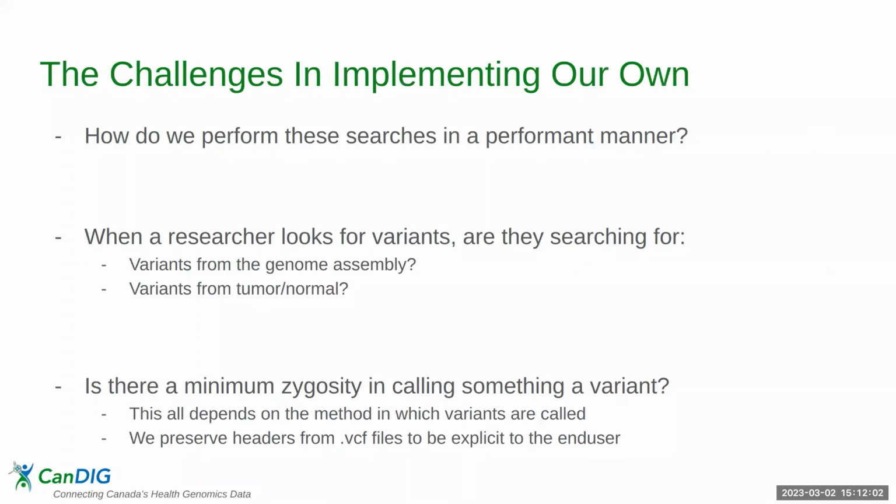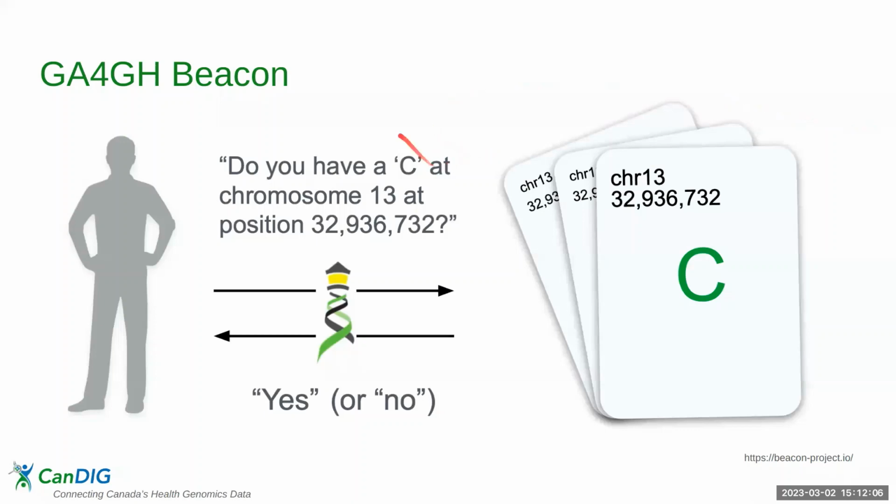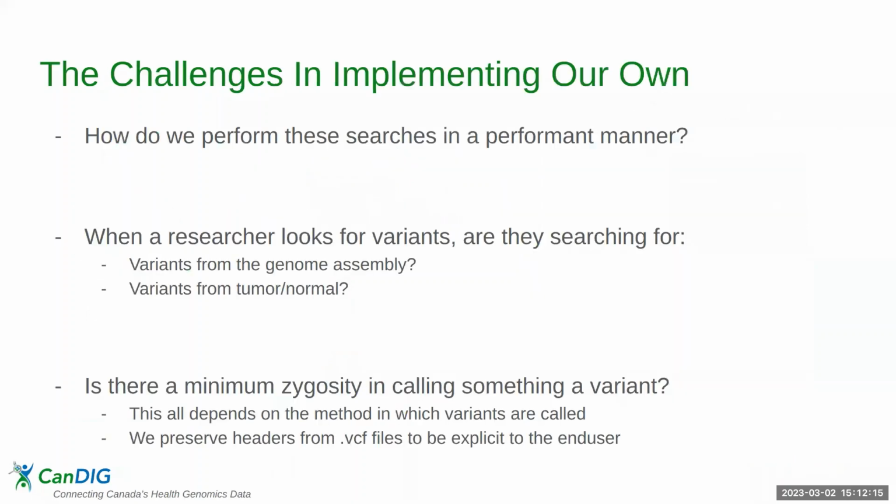The challenge in implementing our own, though, is that, obviously, searching for a particular data point across a huge amount of data, because these are petabytes of data across all of these different institutions, means being able to do these searches in a performant manner, like being able to respond quickly with these discovery queries.